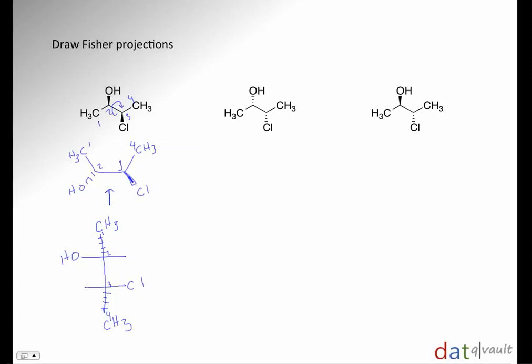Alright, cool. So now we're going to draw, these are hydrogens here, we're going to draw the Fisher projections of these other 2 molecules. I want to leave the dashes out of them this time.